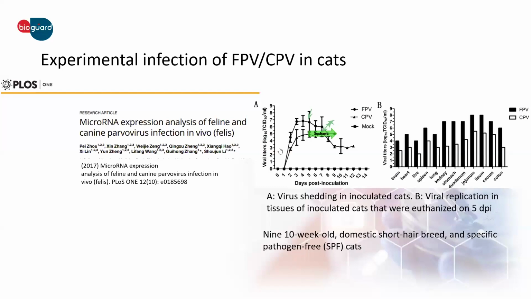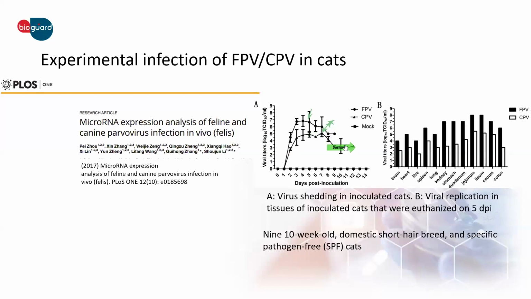For CPV2b, the inoculated cats survived a little longer, so shedding was detected from day 2 to day 12 post inoculation.